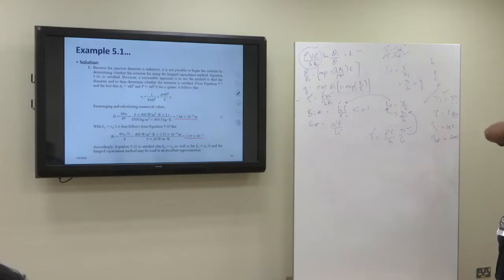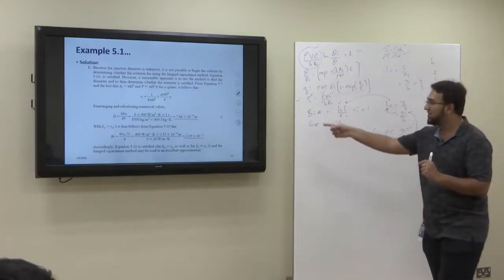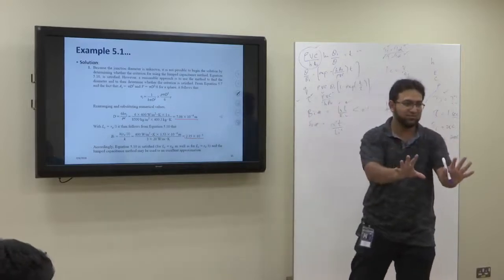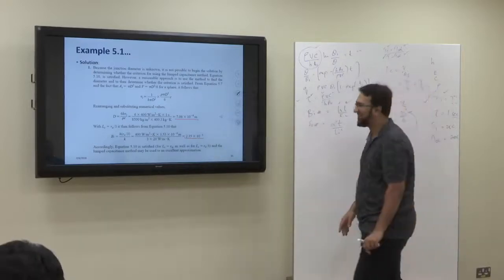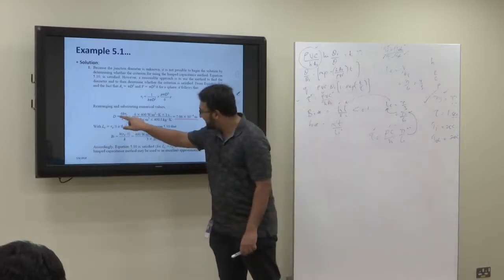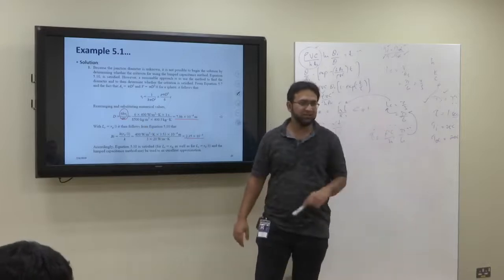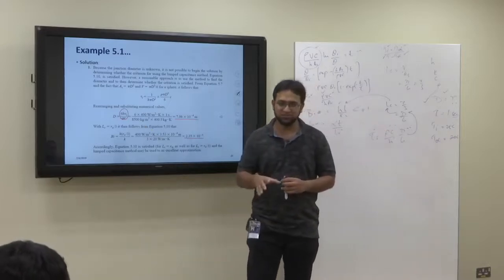In the formulas you have learned, when they solve it, everything is in one step. So it is the same thing here, but I moved it in a regular way, while they moved it in one step.